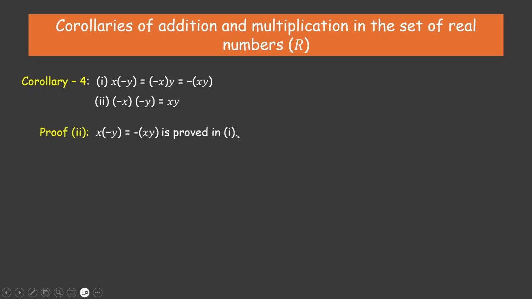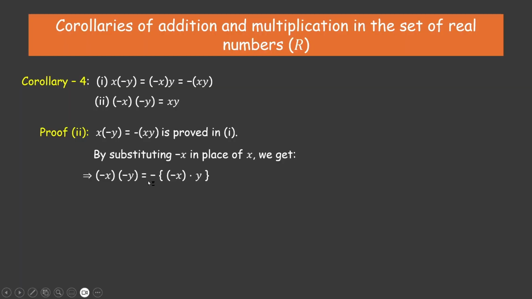We proved this in the first part that x into negative y is equal to negative of x into y. If we substitute negative x in place of x in this, we'll get negative x into negative y is equal to negative of negative x into y.